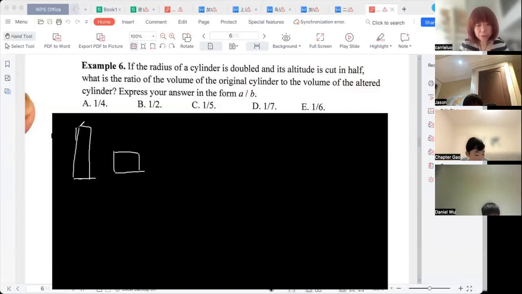So how do we do it, chapter? So for me, I'm going to name this one as 1, and now the radius will be 2, correct? 对不对？好了，那原来的 height 我就说它是10好了，现在变成5好了。A is the one before, right? Yeah.